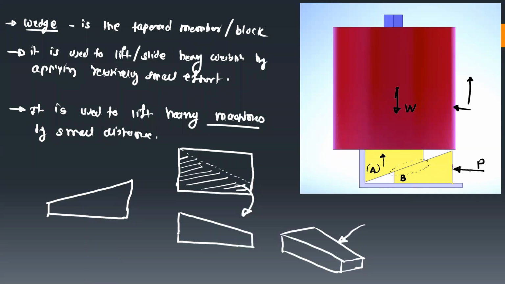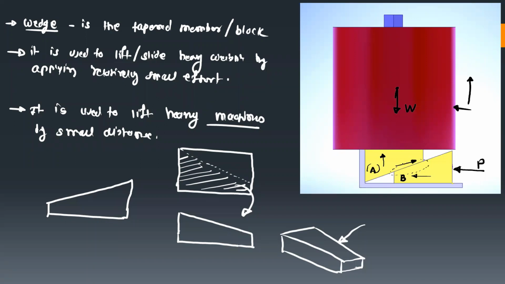When we apply the force P, wedge B tends to slide in the leftward direction, and at the same time wedge A will have the motion like this.